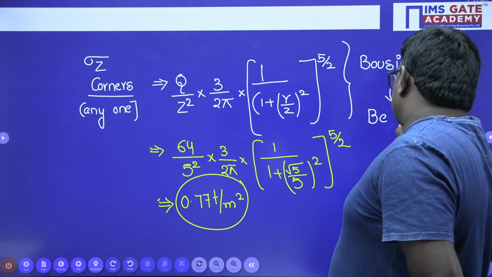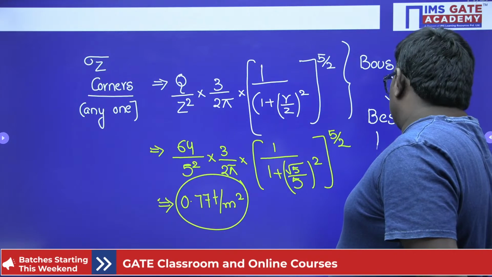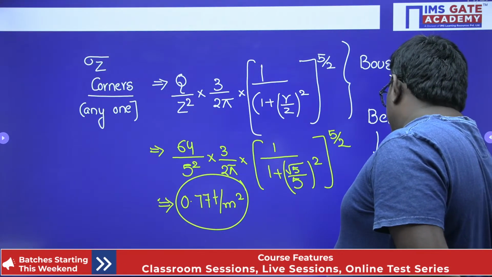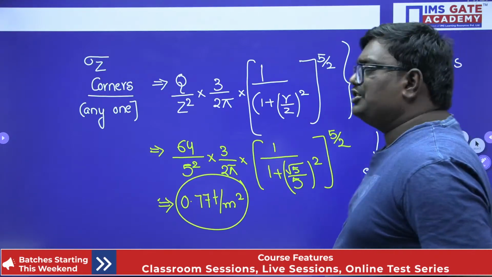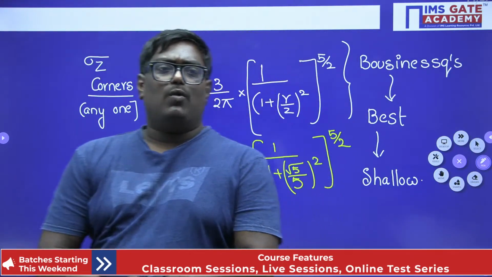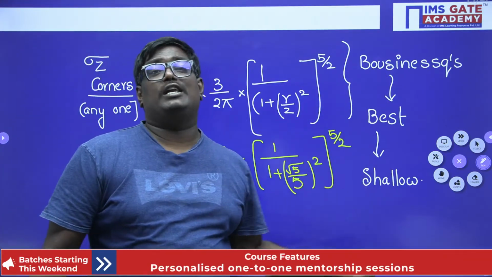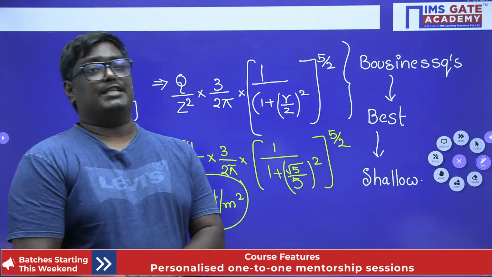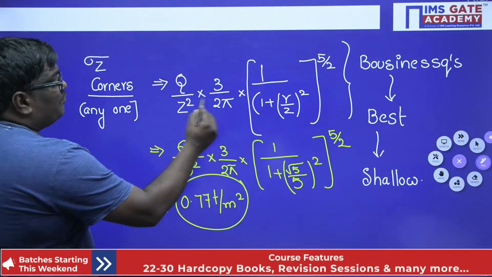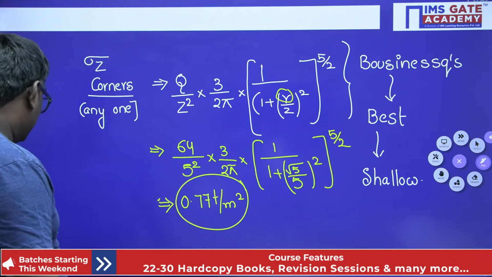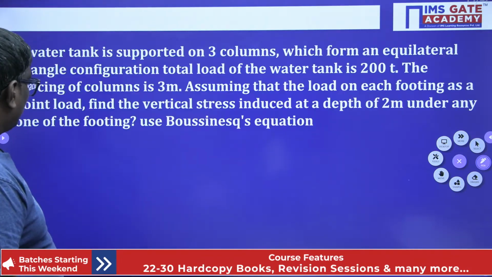If depth is less than or equal to width, then we assume the foundation to be a shallow foundation. So Boussinesq's theory is best suited for shallow foundation. Here you should be very careful in calculating the value of R. Okay, let us move on to the next problem.